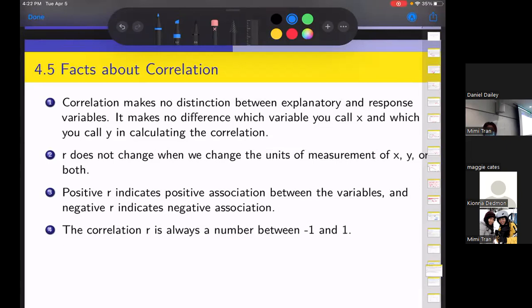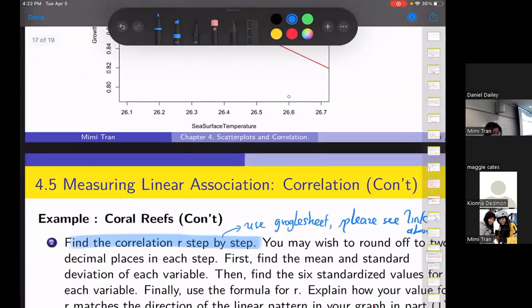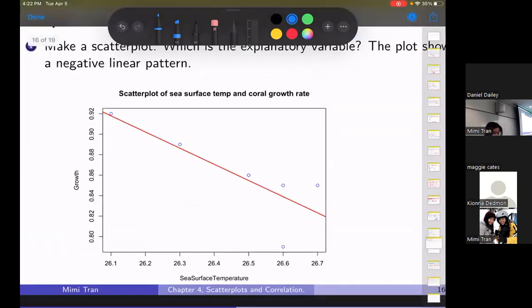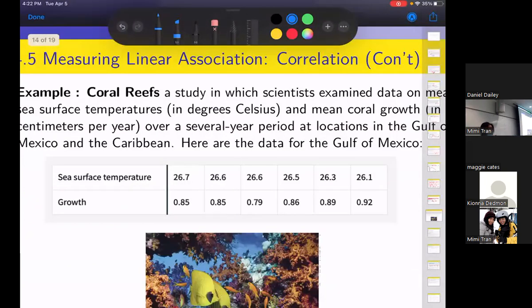R does not change when we change the units of measure of x and y, or both. Can someone tell me why? Say, for example, up here, instead of Celsius I change it to Fahrenheit, and R is still negative 0.8 something. It does not change. Why is that?